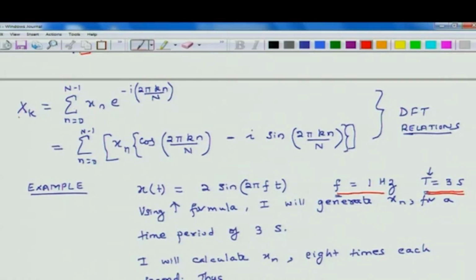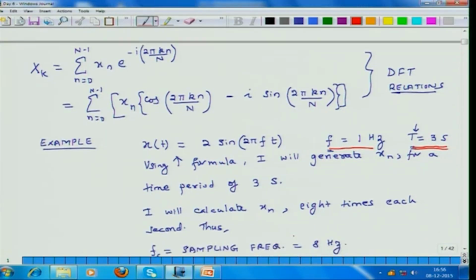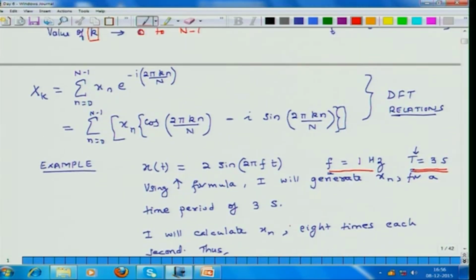Another thing I wanted to mention is that in this relation, Xk equals xn exponent to this entire term, there is no explicit mention of time. The information about time is embedded in the frequency, duration of time and sampling frequency. But in this formula, there is no explicit mention of time.